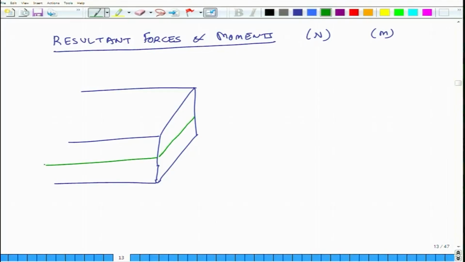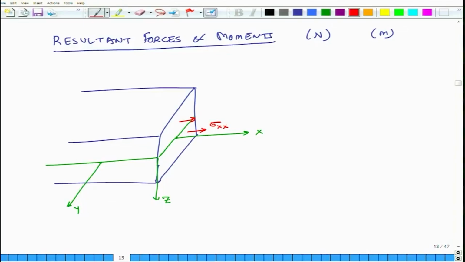This is my z axis, let us say this is x, this is y. So, the stress in the x direction on this face is sigma xx.